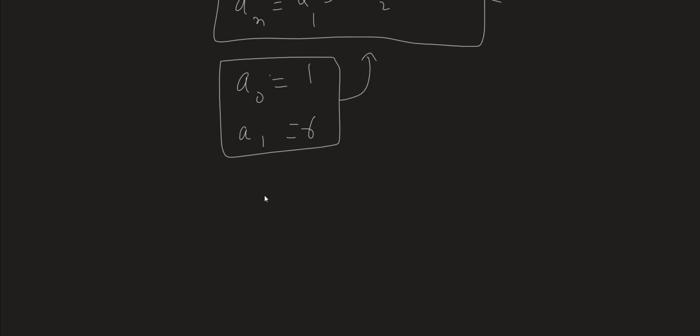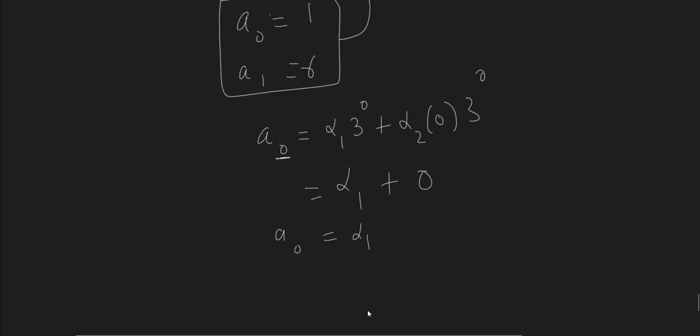What we'll get is A0 is equal to alpha 1 times 3 raised power 0, since n in this case is 0, plus alpha 2 times 0 times 3 raised power 0. We know anything raised power 0 is 1, so this will be alpha 1, plus anything multiplied by 0 is 0. So A0 is equal to alpha 1, and A0 is provided to us already, which is 1. So alpha 1 is equal to 1.